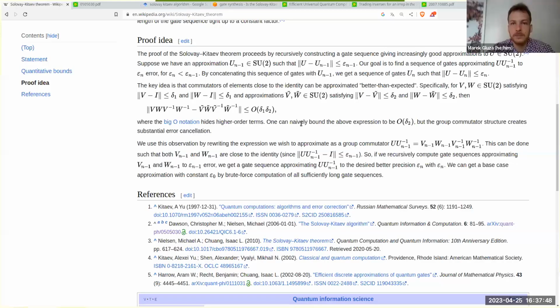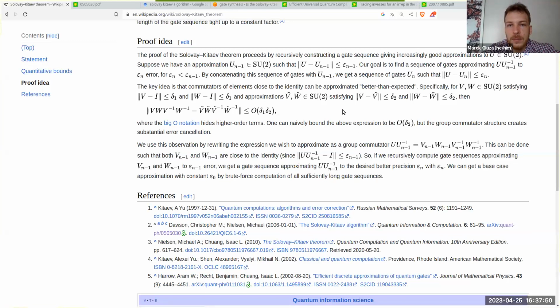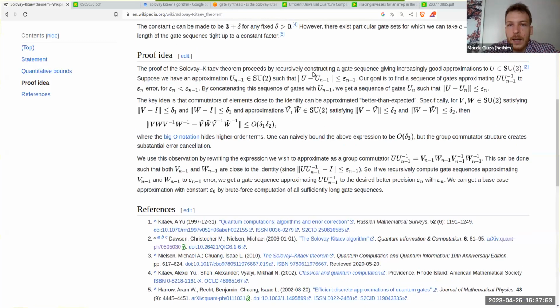Let's have a look. What does it mean precisely? So that's what they are saying. So the point of this Solovay-Kitaev algorithm is giving increasingly better approximations to the unitary.